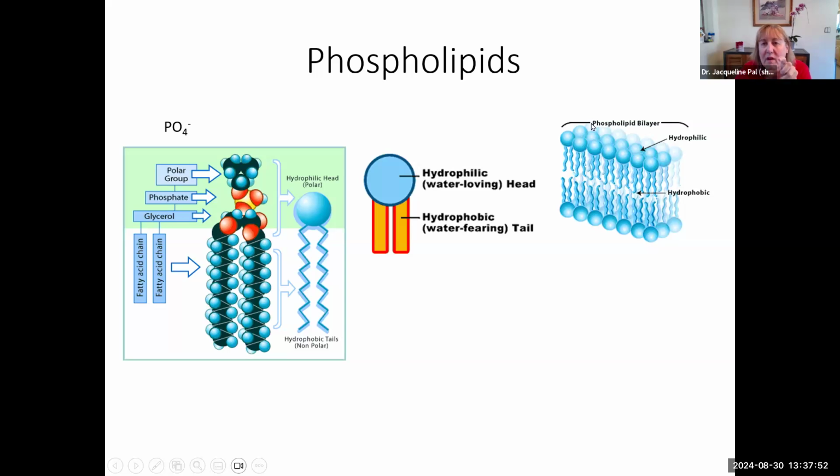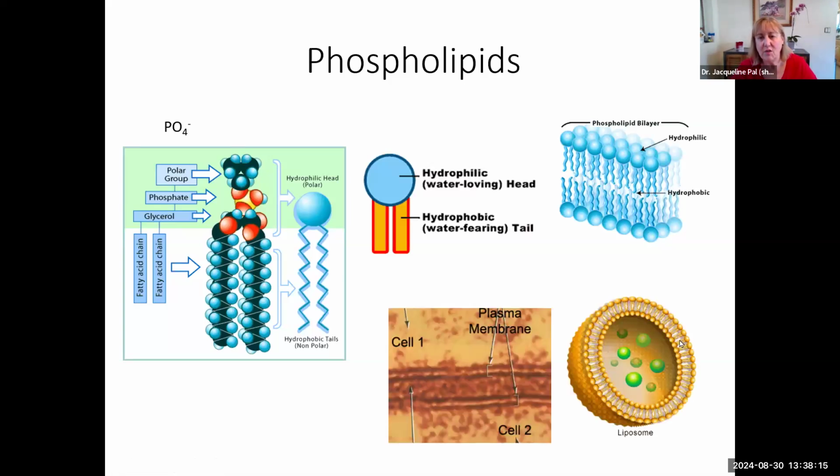They would form what we call a phospholipid bilayer. Bilayer means two layers, where their heads are on the outside because their heads are hydrophilic. They love water, so there's going to be water on this side and water on that side. Their tails are protected on the inside where they don't love water. So this is what it would look like.